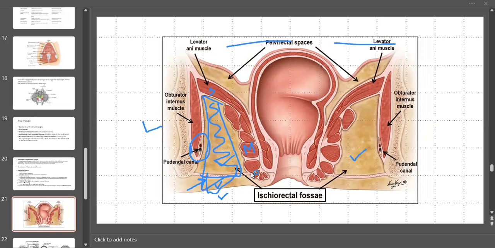This is a different triangle with different stories. What is this structure? This is anal canal, right? If this is anal canal in the middle, then what it could be? Anal sphincter, very good. This is anal sphincter and it's on the medial side of the ischiorectal fossa.